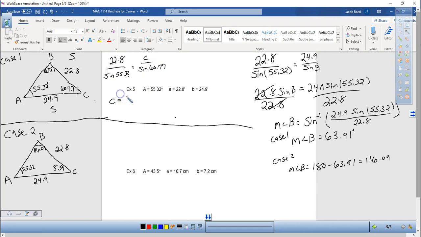So C has to be 22.8 sine 60.77 over sine 55.32. That gives me 24.20.